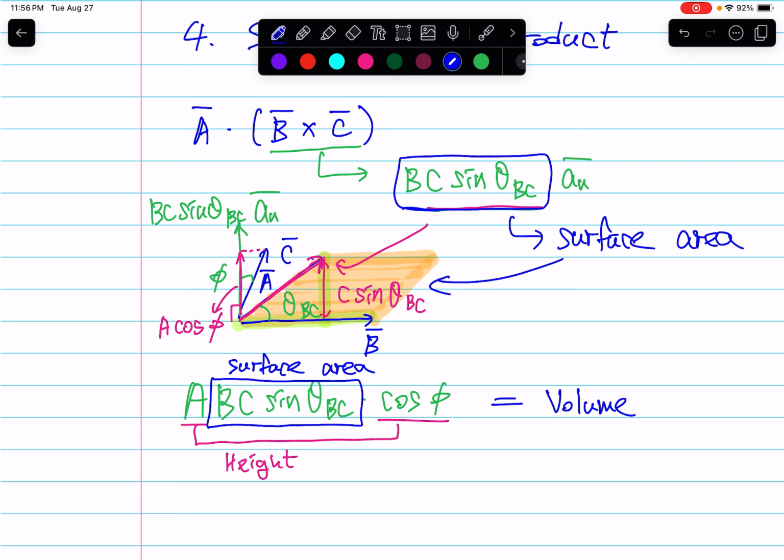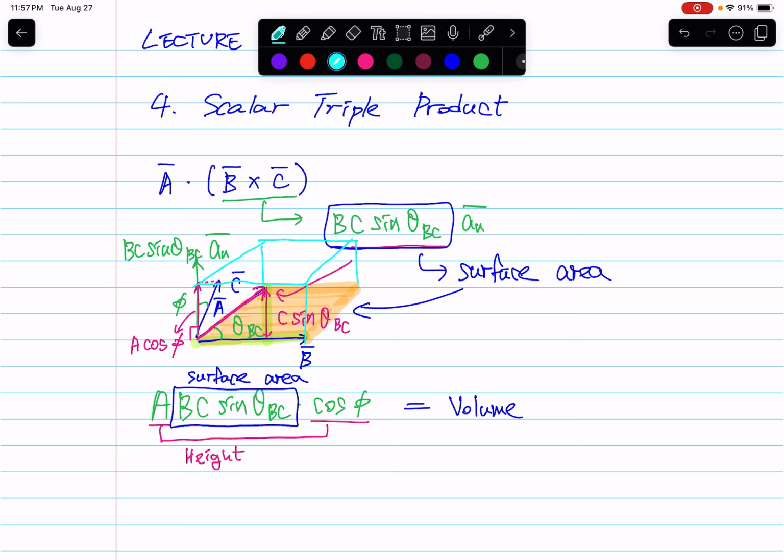So essentially, you can imagine that this is going to be a volume that looks like this. So the scalar triple product results in a volume.